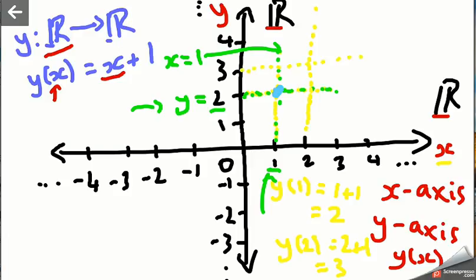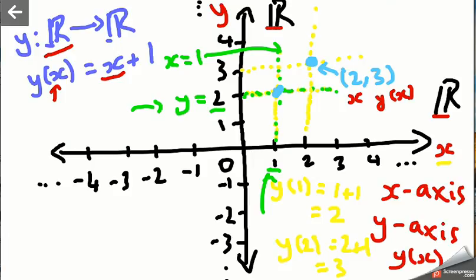So we want to find the point where the line x equals 2 meets the line y equals 3. And that point clearly is right here. So this is the point 2, 3, because our x value is 2 and our y of x value is 3.